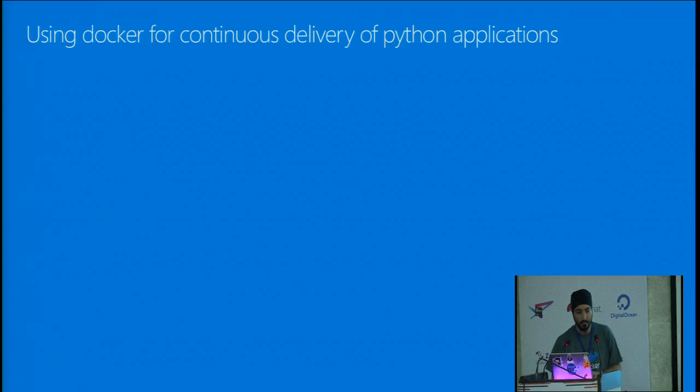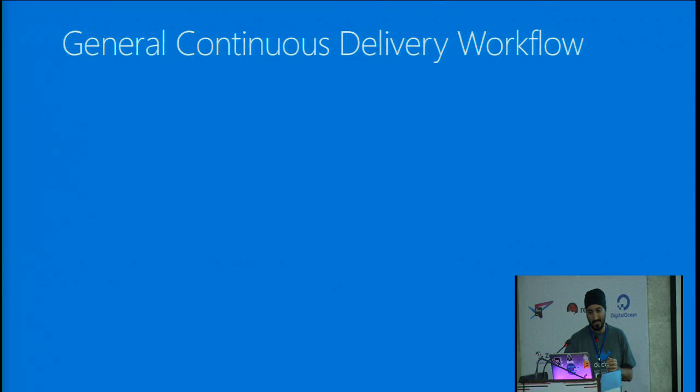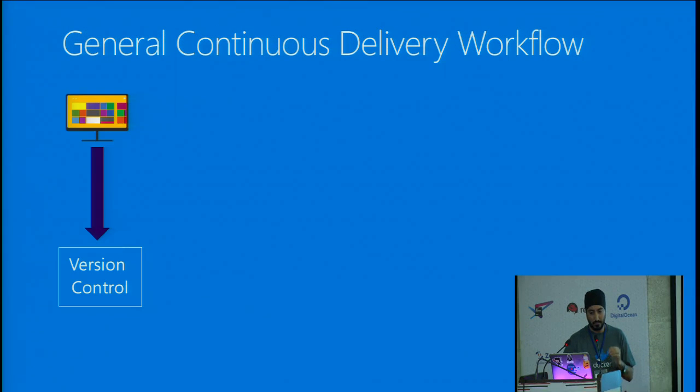Now, when we talk about Docker for continuous delivery of your Python applications, the flow is generally quite similar. You check in just like normally you would. If you change any Python file, it goes into the version control repository.